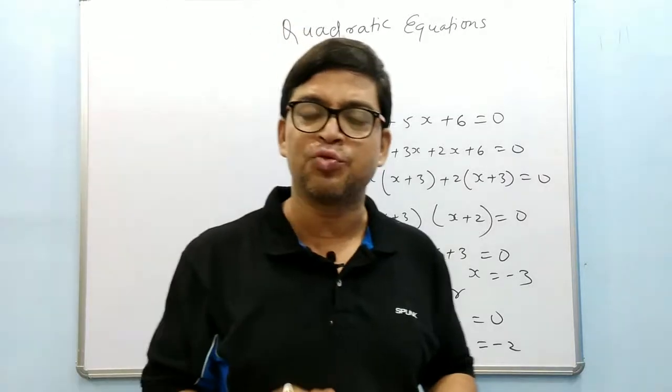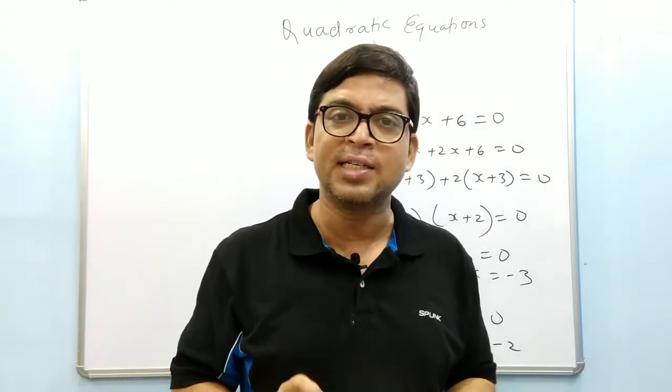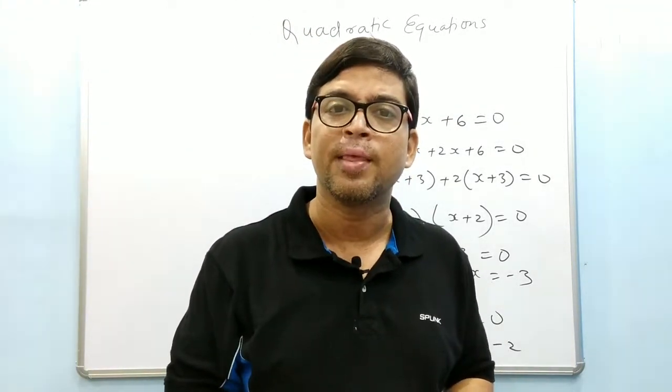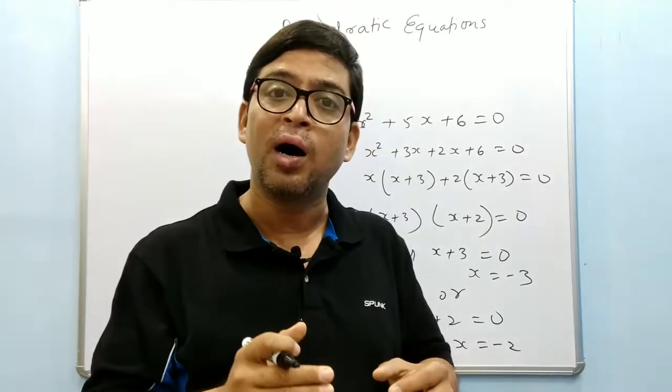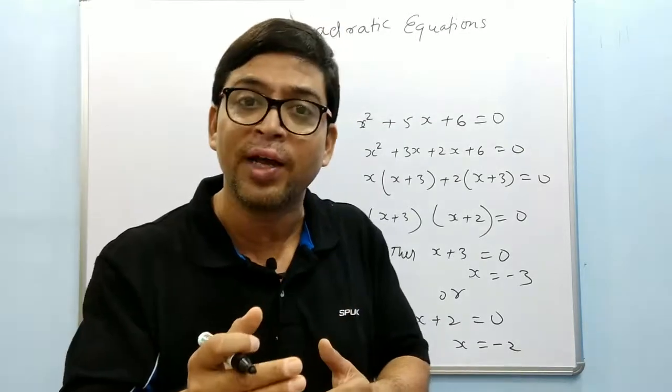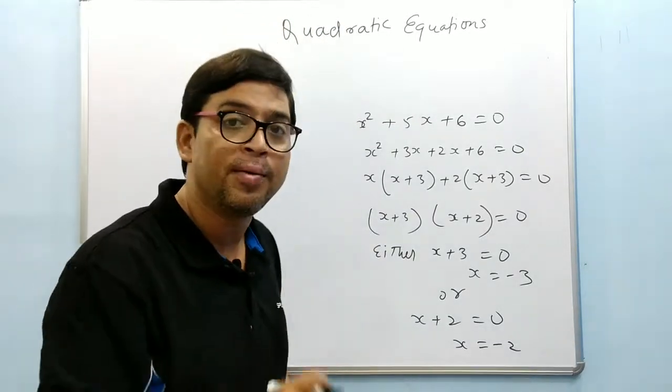But sometimes what we see is that factorization is not possible. Then what do we do? We use a formula of quadratic equation solving to get the values of the variable. What is that formula?